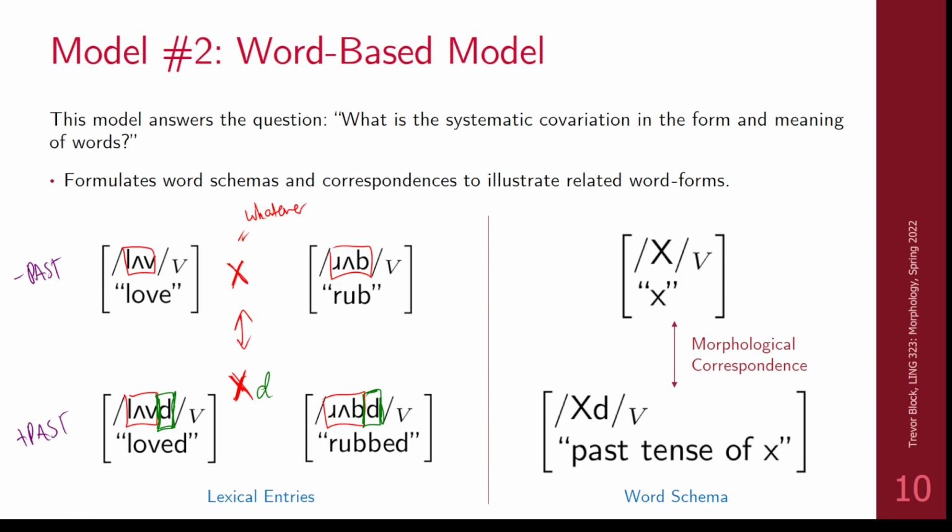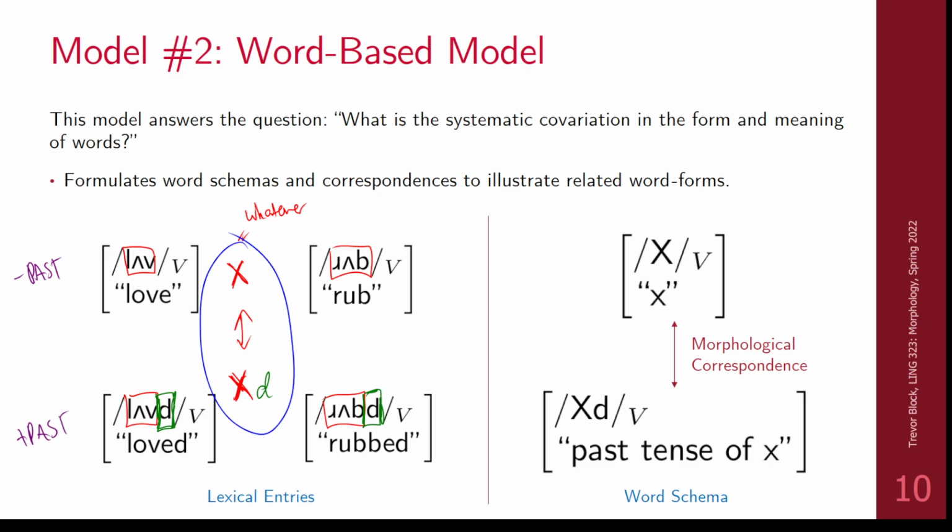But this isn't actually telling us that we're adding anything. What this model is telling us is that there is a set of word forms that looks like X, it's whatever. And there's a set of word forms that look like X with D after it. And the difference between those forms is one is present tense, one is past tense.